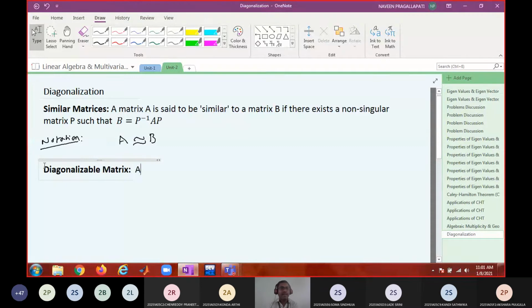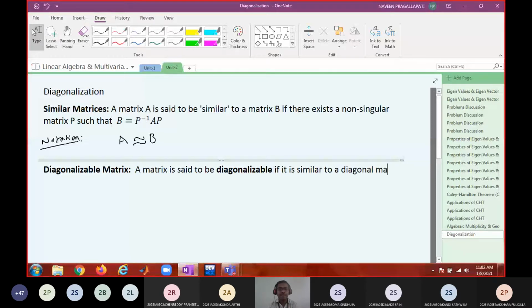A matrix is said to be diagonalizable if it is similar to a diagonal matrix.